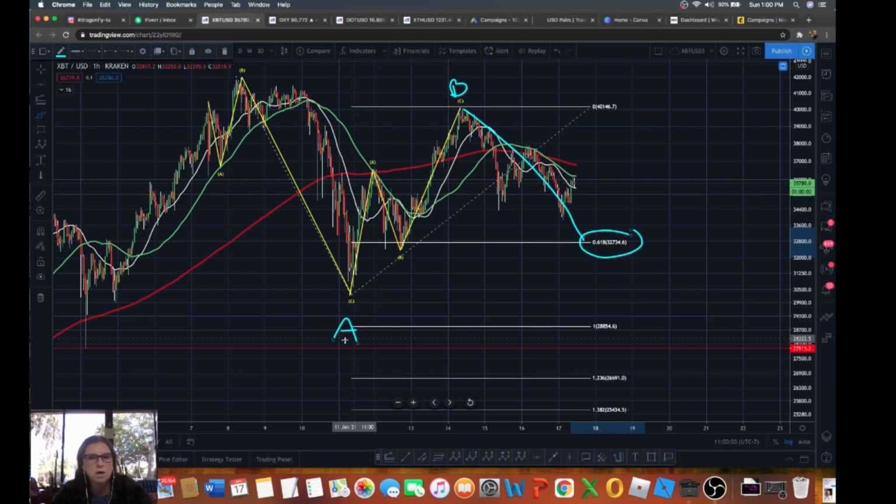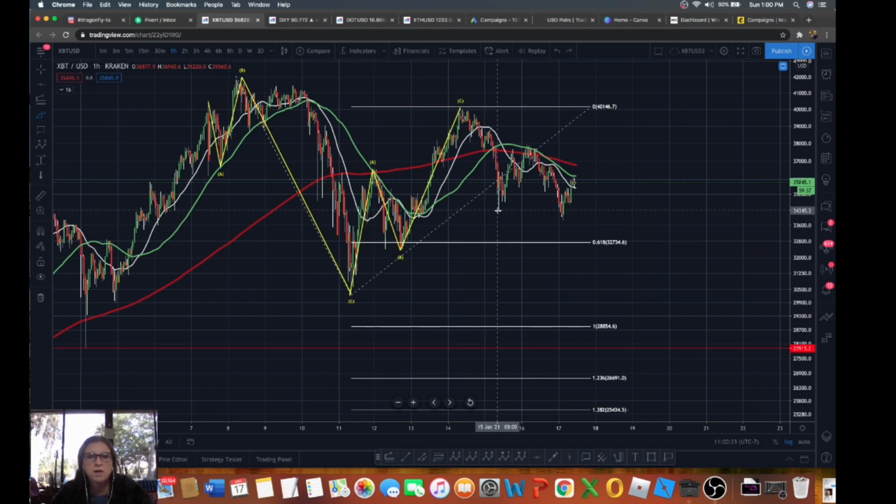Whether this is a W, an X, and a Y, it doesn't matter, A, B, C. The minimum truncation needs to be 618. So with that being said, this is where we currently are.